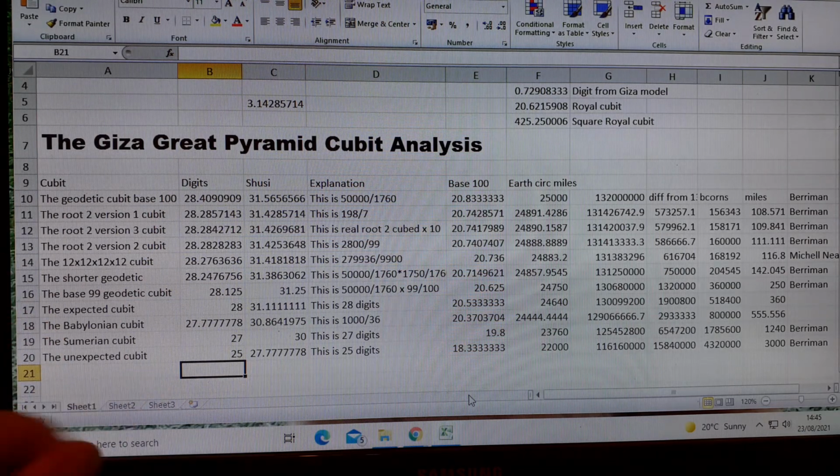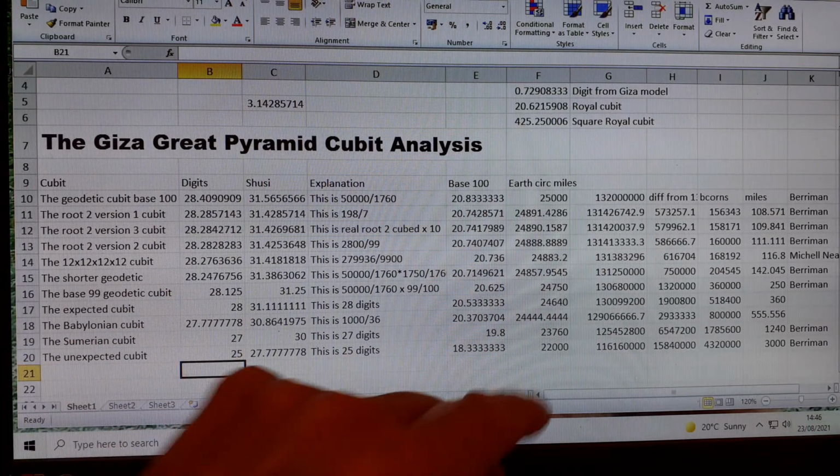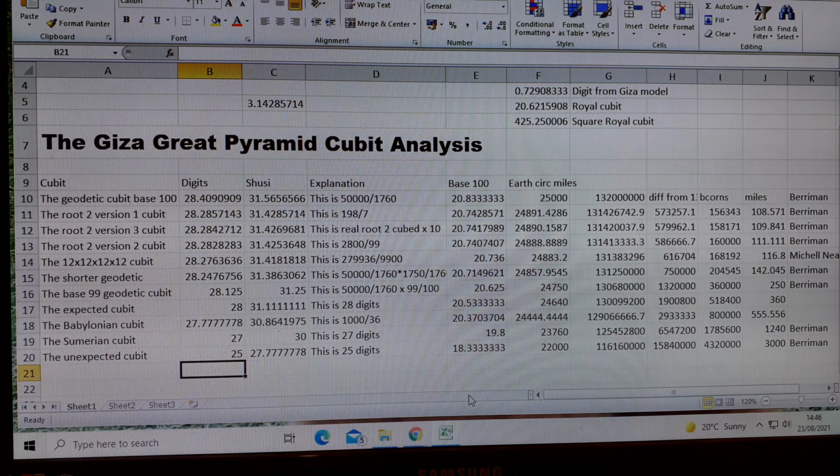And then I've put the unexpected cubit because nobody expects 25 units in a cubit. And look at the Shusi. It's the same cross-fertilization. 25 digits, 18.333 inches for that particular cubit. And again, dead deliberate. The Earth circumference is 22,000 miles.